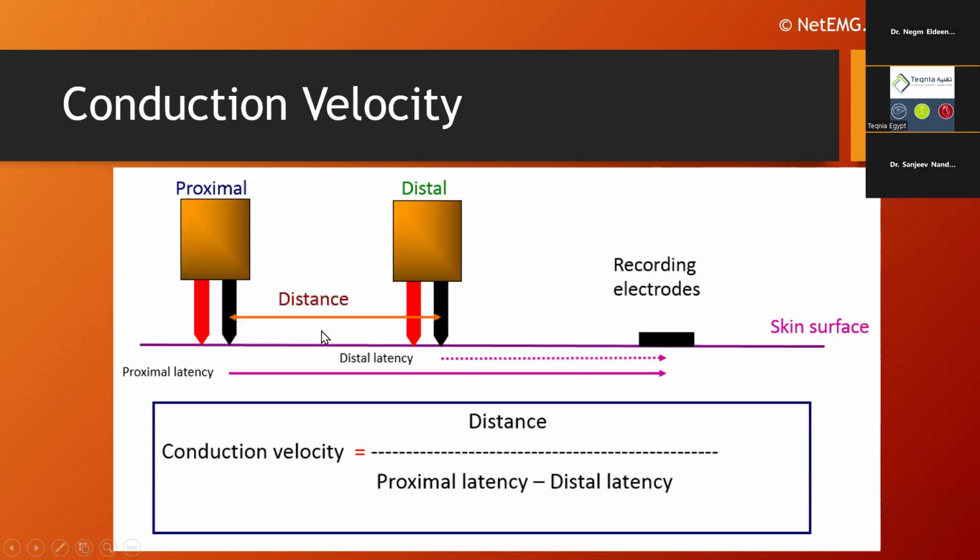Just because there is nerve pathology doesn't mean that the measurement is abnormal. In nerve conduction studies, we try to stimulate the nerve at multiple sites so that we can localize the lesion. And that's the beauty of nerve conduction studies.